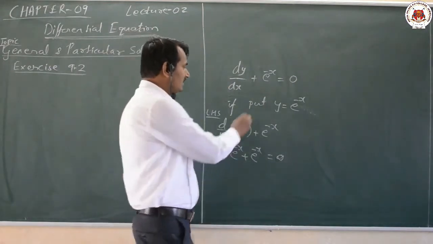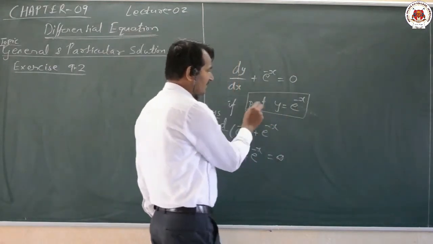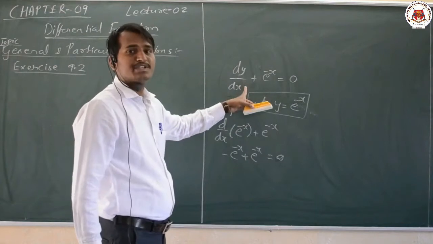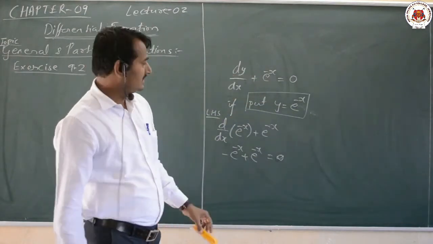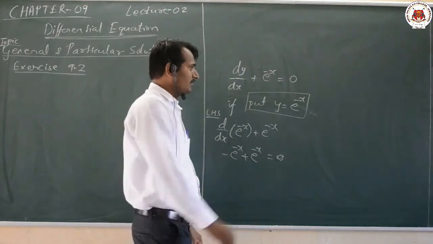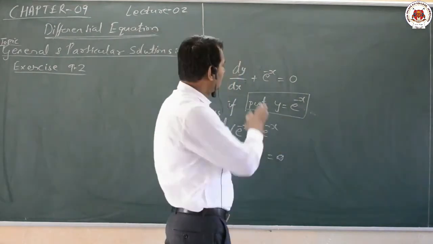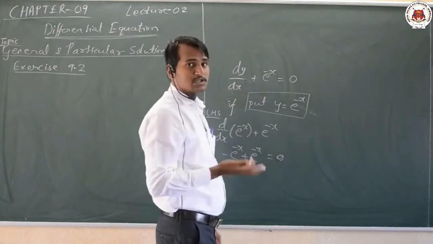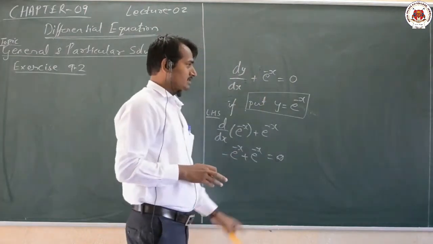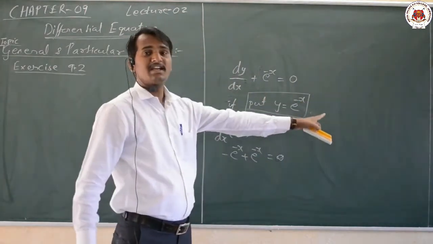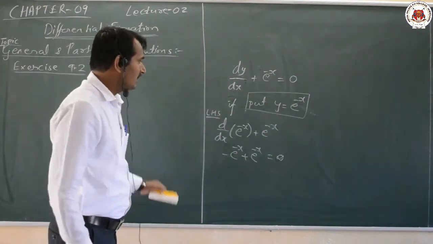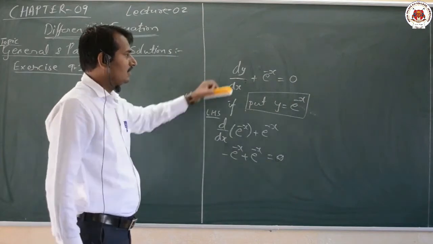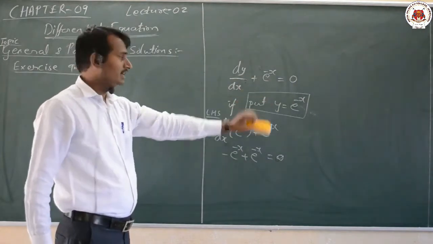That means this y is the solution of this particular equation. Since we may have constants also, sometimes we add an integral constant c here. This is all the basics related to the solution of a differential equation.